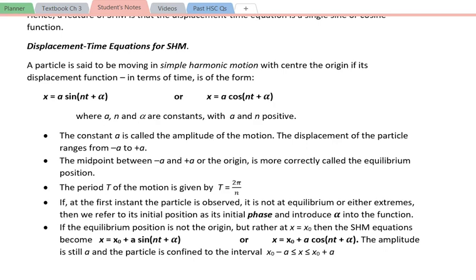Because they are constants, a can't be 0, and nor can n, but alpha could be 0, a could be 1, n could be 1. Then it would be really simple. It would be just the function x equals sine t.